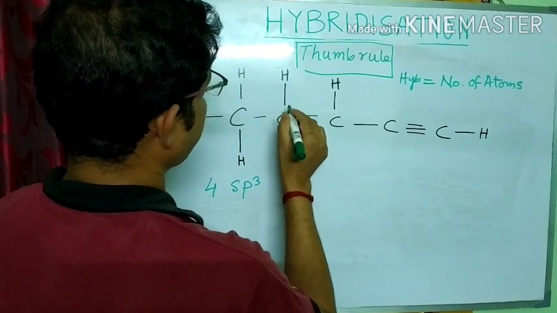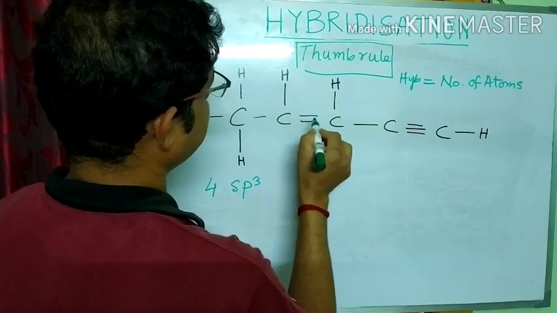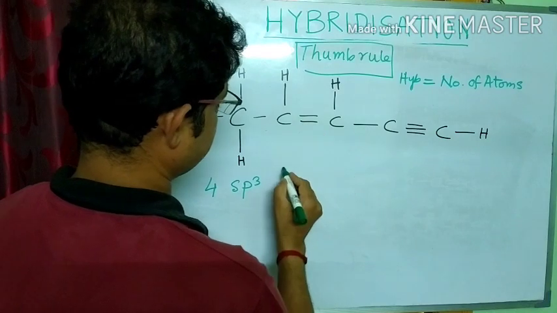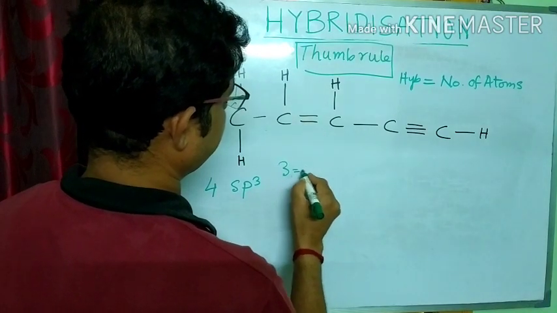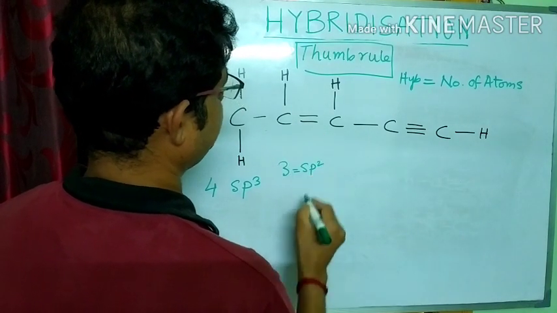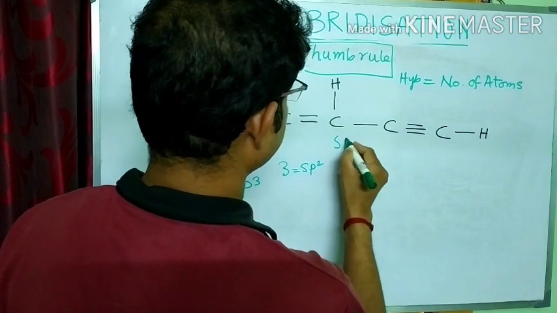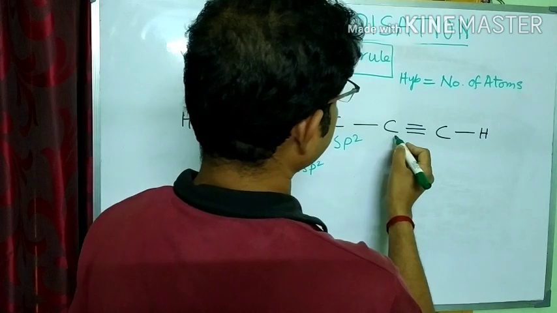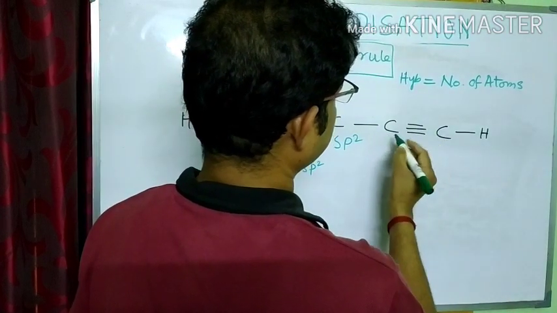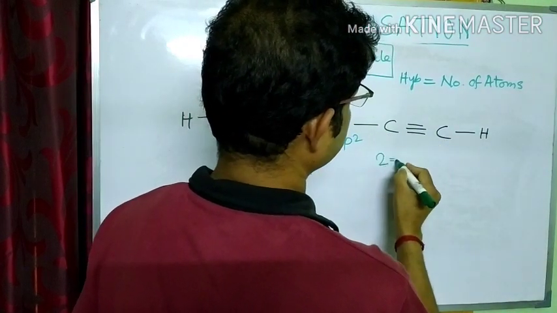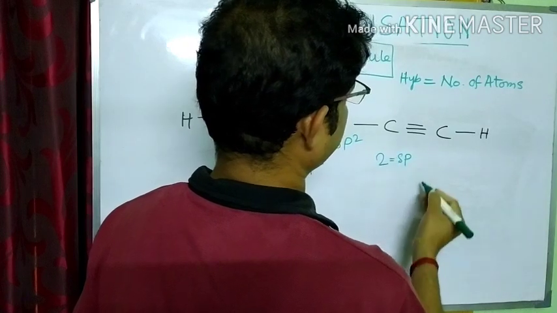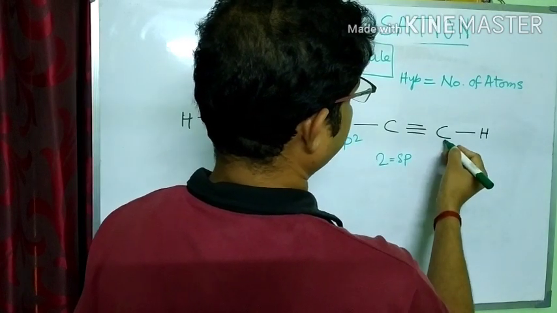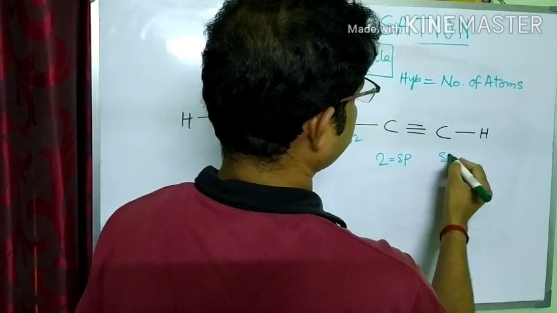In this carbon, 3 atoms are attached, so it will be sp2 hybridization. This is also sp2 hybridization. In this carbon, two atoms are attached, so it is sp hybridization. It is also sp hybridization.